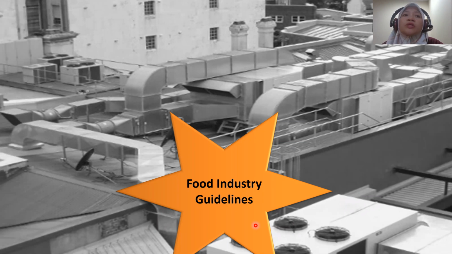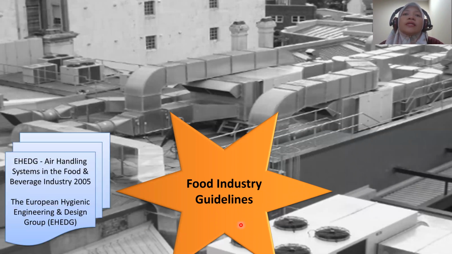Thus, for know-how information, you need to look to food industry guidelines, which give advice on hygienic air quality control. Some common guideline documents to refer to are the EHEDG document entitled Air Handling System in the Food and Beverage Industry. EHEDG stands for the European Hygienic Engineering and Design Group.